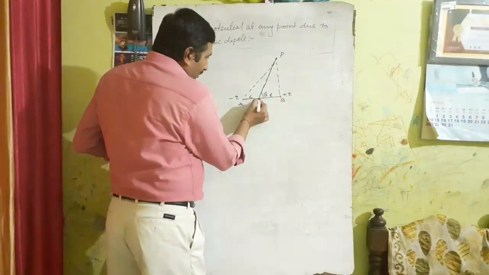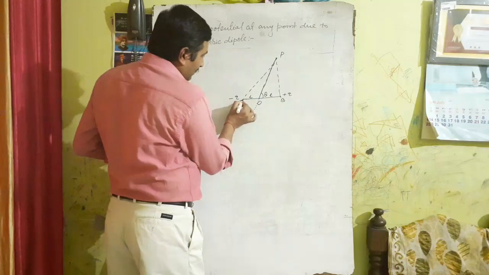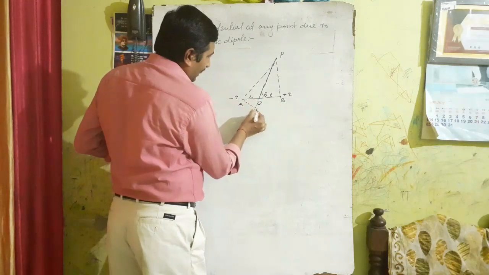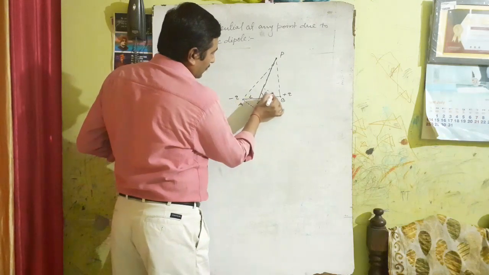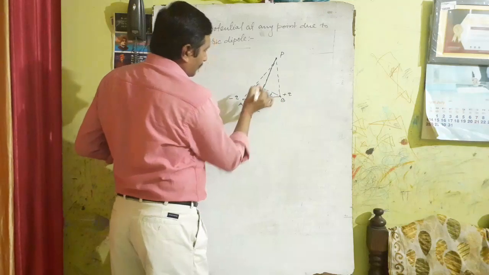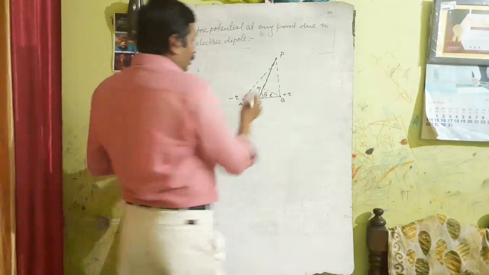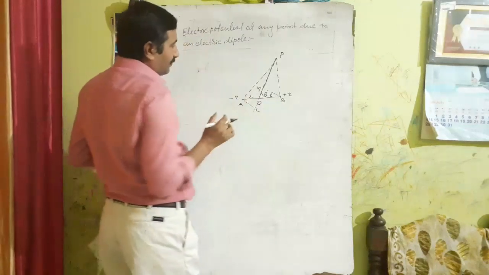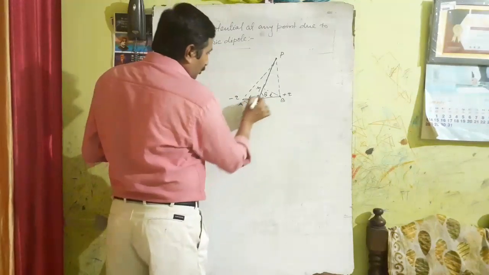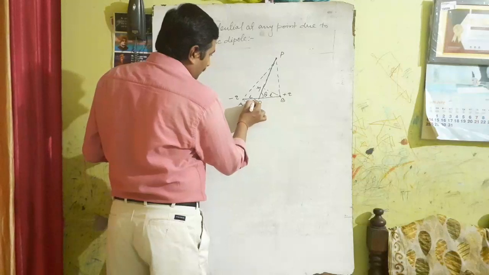Now if we increase this in this direction and draw perpendiculars AL and BM on OP and PO produced, what will be the value of OM and OL? You see this angle is theta, so this angle will also be theta.